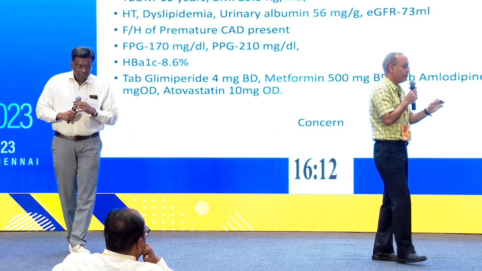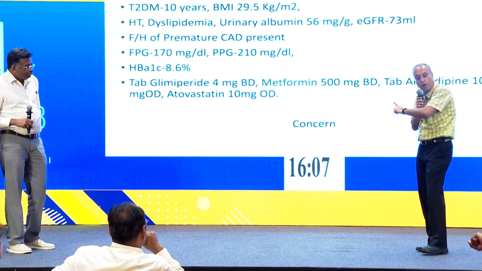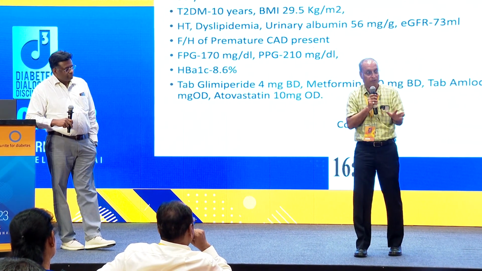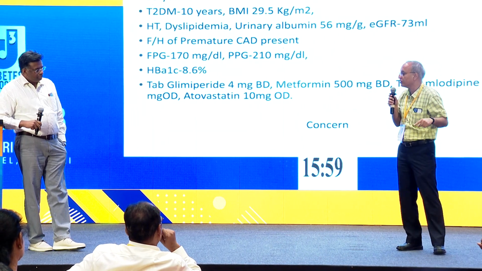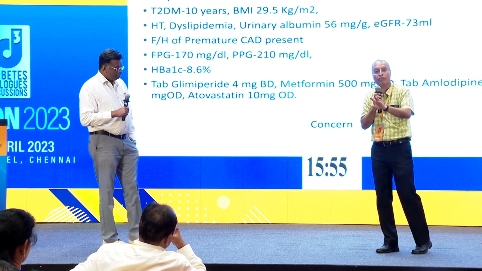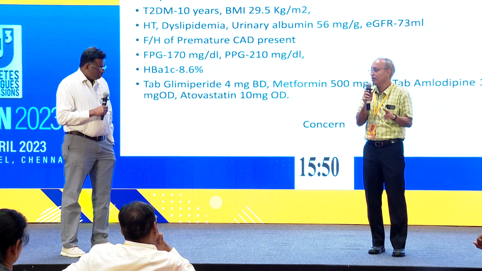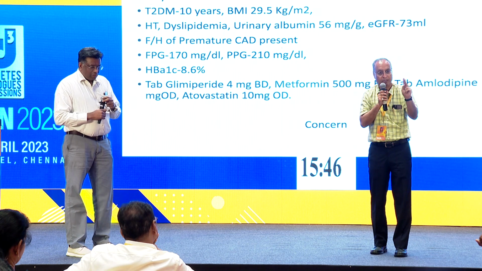So whatever therapy you are going to modify, that should also address these comorbid conditions, apart from controlling your glucose levels. Now, when it comes to the battery of drugs available to us, two classes of agent must be included in whatever way we are comfortable with. These are GLP-1 receptor agonist and SGLT2 inhibitor therapies.